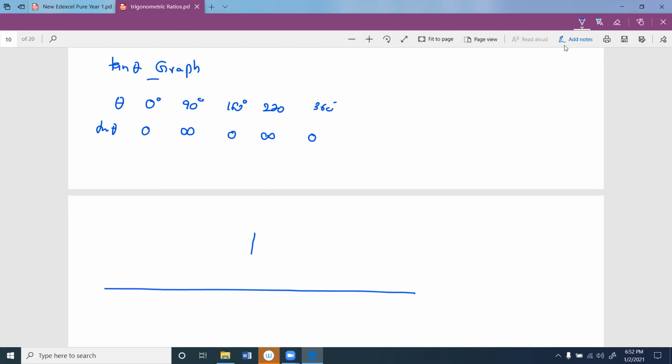So if you just draw it, you can say it's 90, 180, 270, 360, 450, 540, and so on. Minus 90, minus 180, minus 270, minus 360, minus 450.